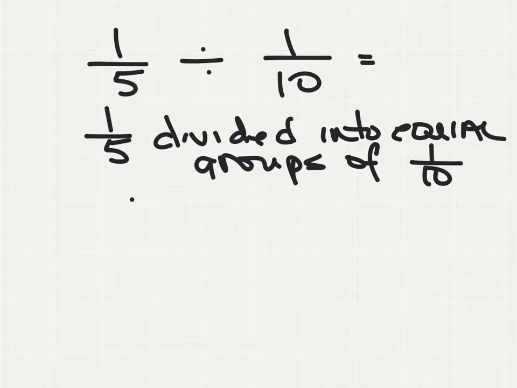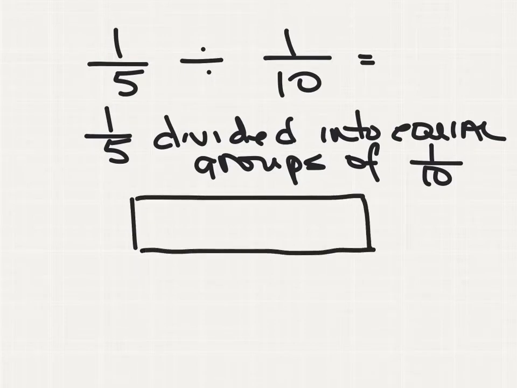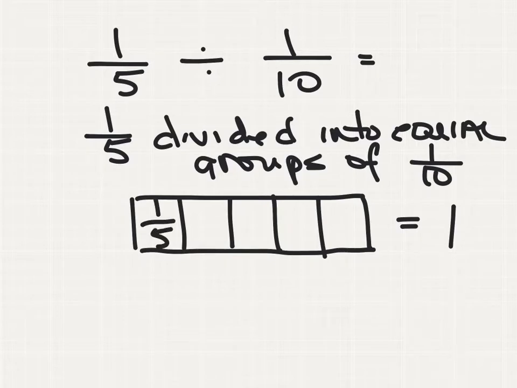So, what if I drew a fraction bar? This bar represents one entire thing, one whole. If I took this bar and I cut it into 5 equally sized pieces, each piece would be 1/5 of the entire bar. And that all 5/5 would equal one entire thing.